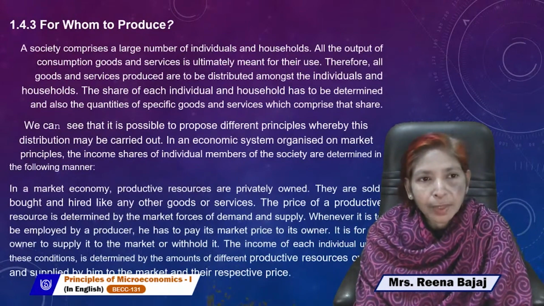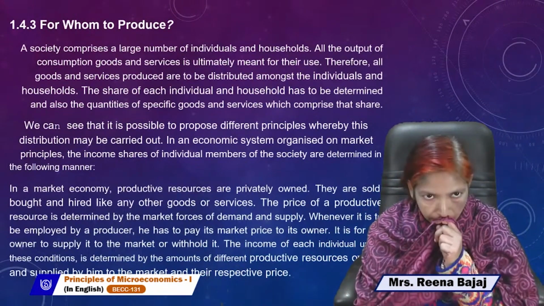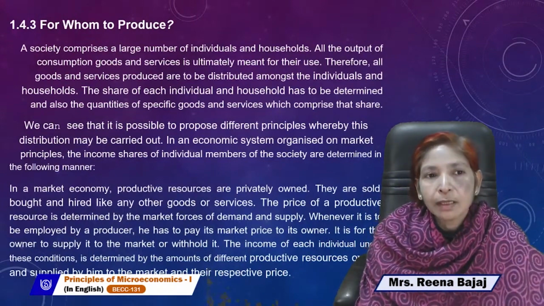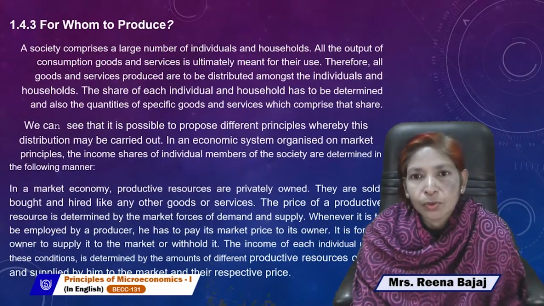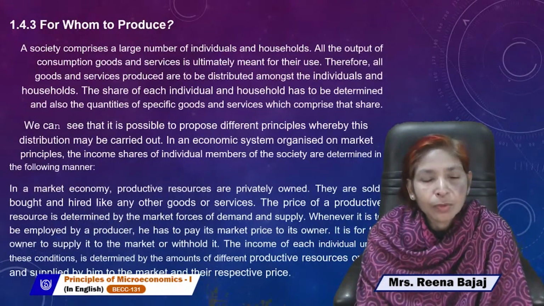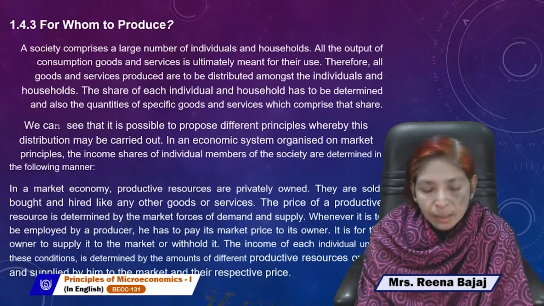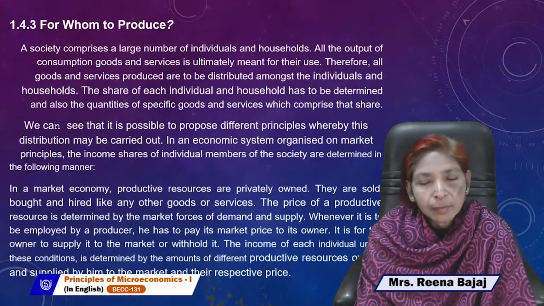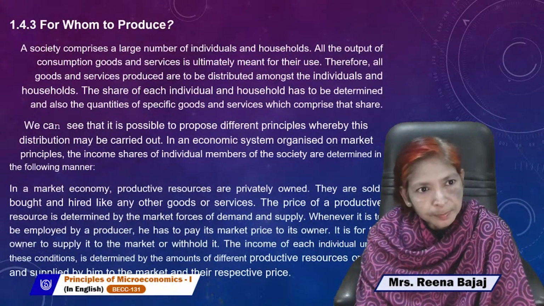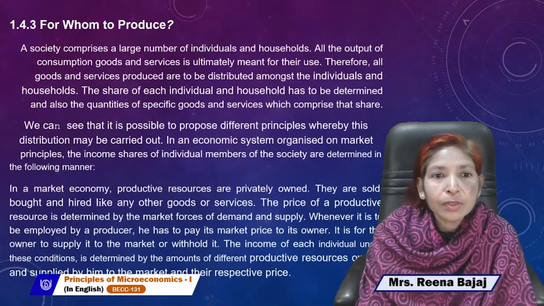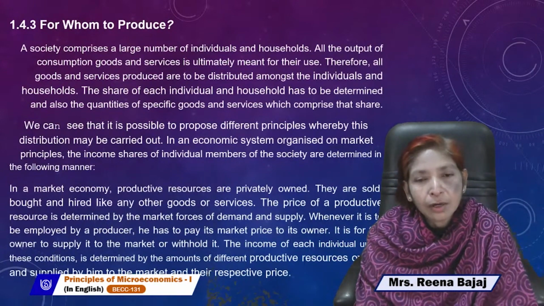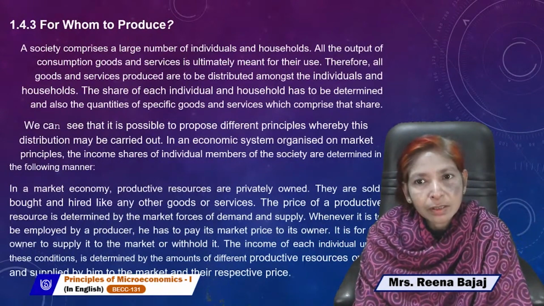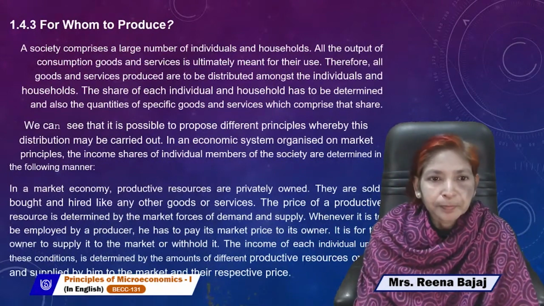A society comprises a large number of individuals and households. All the output of consumption goods and services is ultimately meant for their use. Therefore, all the goods and services produced are to be distributed amongst the individuals and households.